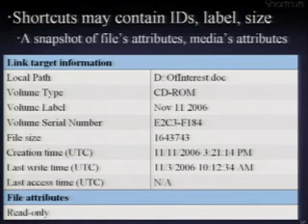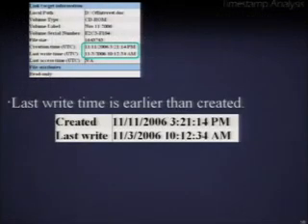Now, there's one thing about these particular timestamps that's somewhat unique to Windows, in that when you see a creation time that's later than the last write time, it means something different than on other platforms. So we've got a created time that's newer than the last write. How can that happen? Well, that happens when you transfer files from one media to another. It gets created on the new media, but the last time it was written is the last time it was modified.